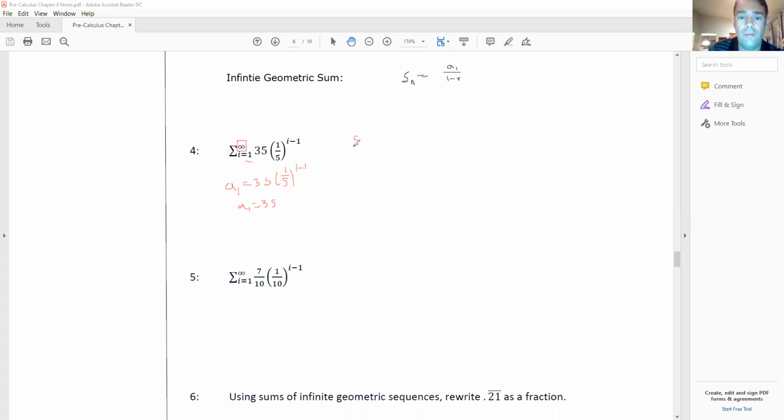So the sum of our infinite number of terms, we have 35 on top. So I guess I don't even need to put it in there. So we have 35 over 1 minus whatever the r value is.